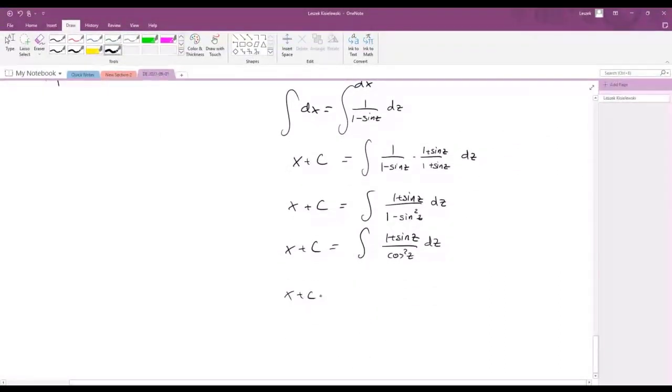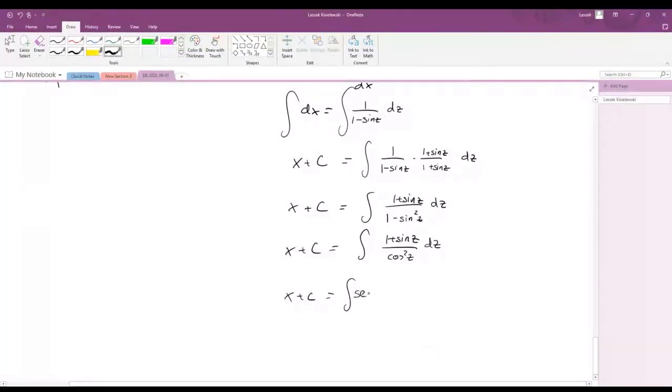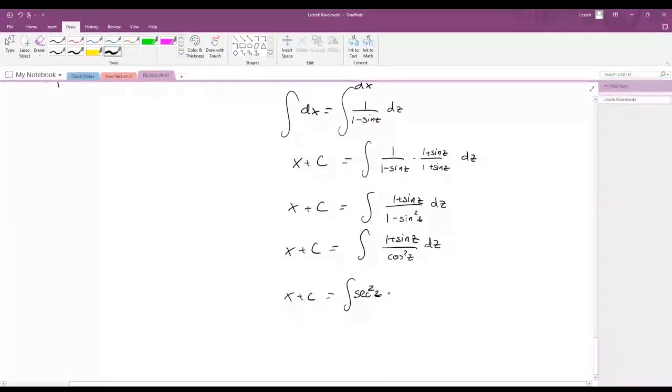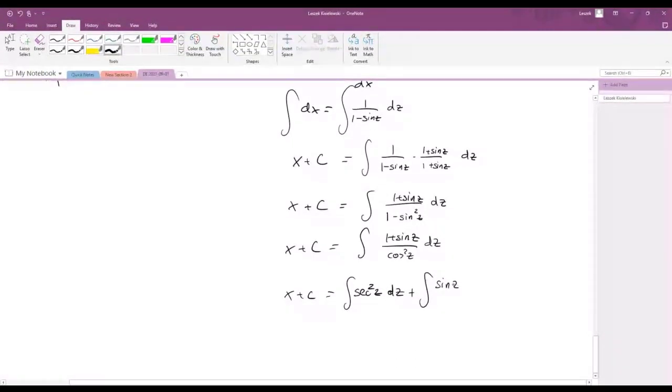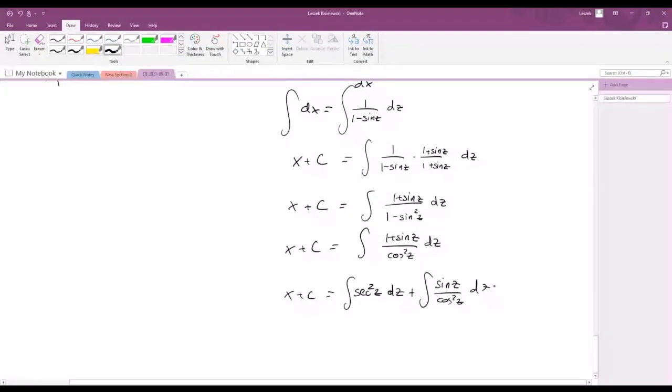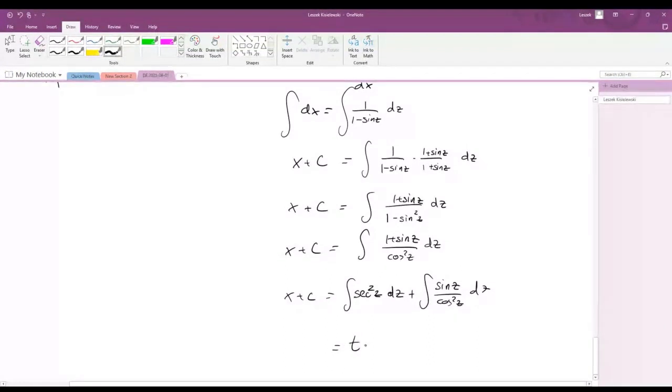And I think that should be easy. So that's 1 divided by cosine squared, which is secant squared, and then this becomes just itself. Okay, so what's the antiderivative of secant squared?